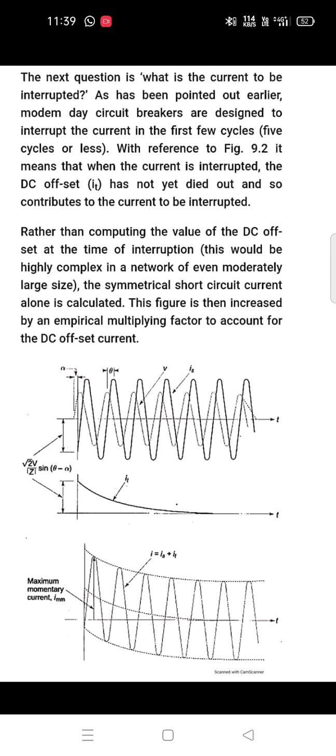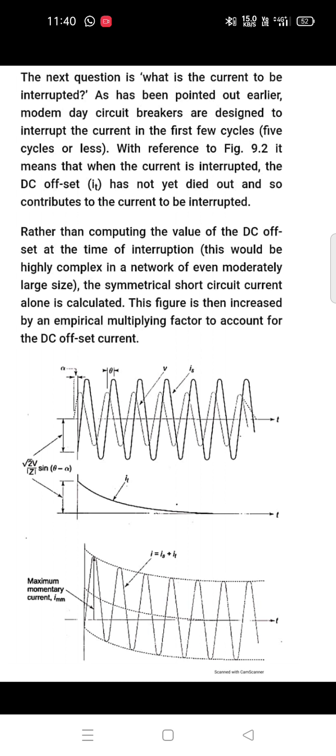With reference to this second figure, the one below, it means that when the current is interrupted, the DC offset has not yet died out, so it will contribute to the current to be interrupted. So rather than computing the value of the DC offset at the time of interruption, the symmetrical short circuit current alone is calculated.